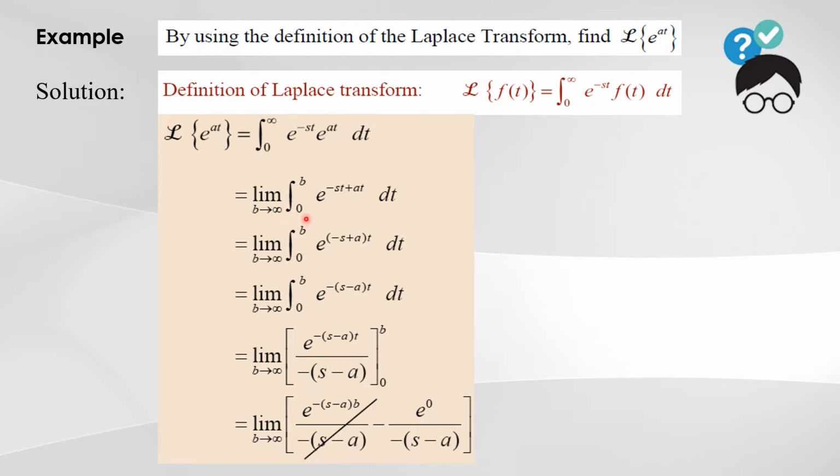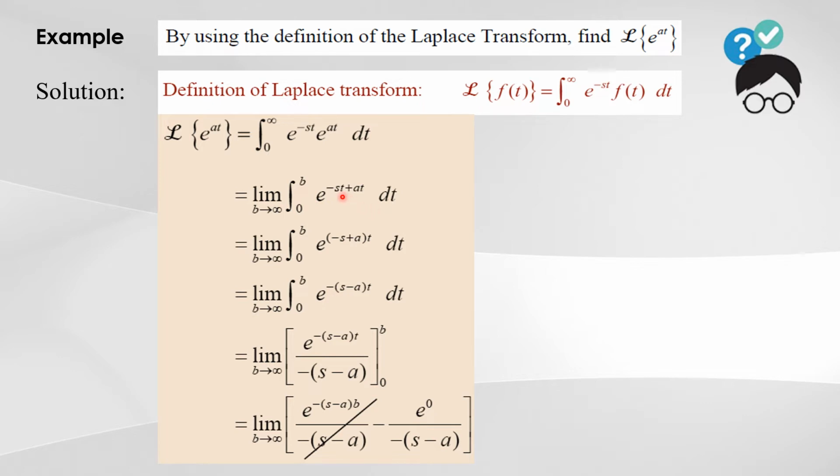This integral is said to be convergent if this limit exists, in other words, if this limit is a finite number, and this integral is said to be divergent if this limit does not exist. So let us now focus on evaluating this integral first.